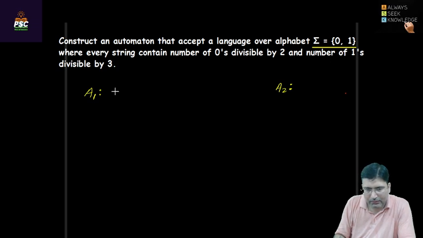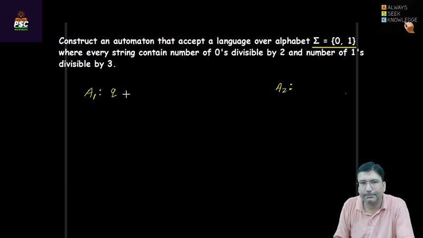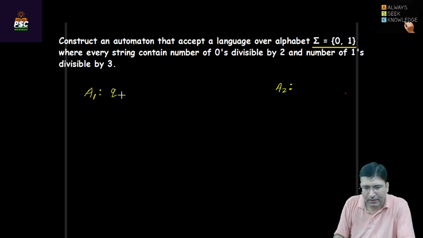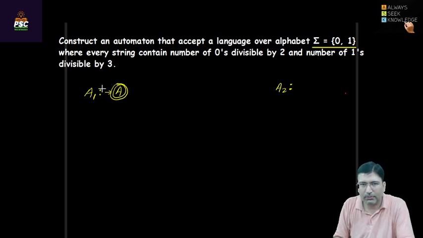Since the number of zeros in A1 can be 0, the initial state will be final. You can give any name here; let's say I give the name A. A is my initial state for automata A1 as well as the final state, because zero zeros can occur in this language.